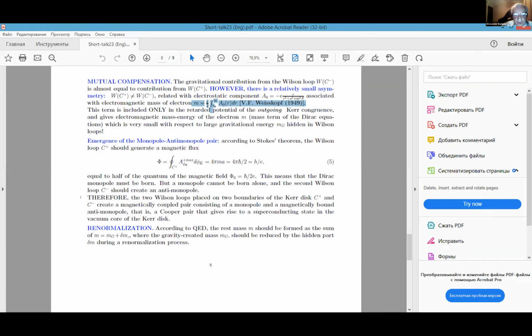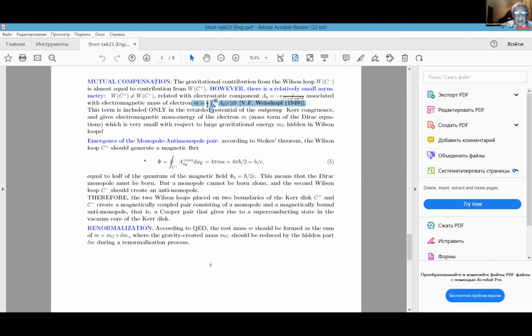Therefore, the two Wilson loops placed on the boundaries of the Kerr disk create a magnetically coupled pair consisting of a monopole and a magnetically bound anti-monopole. That is a Cooper pair that gives rise to the superconducting state in the core of the Kerr disk.